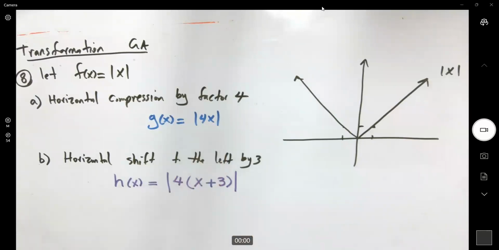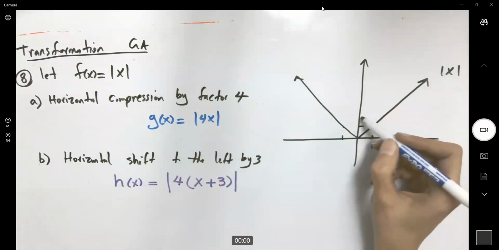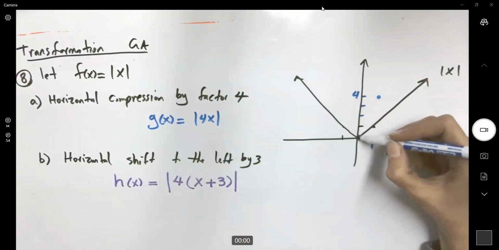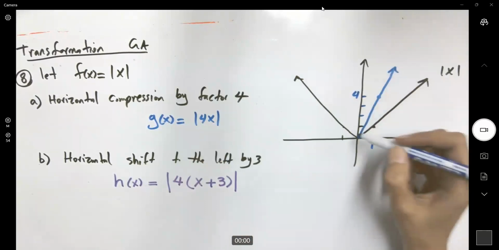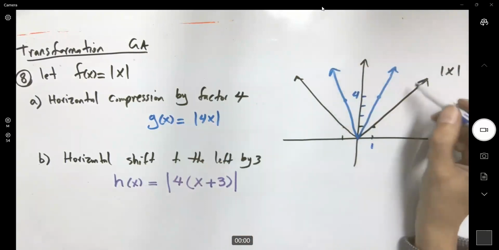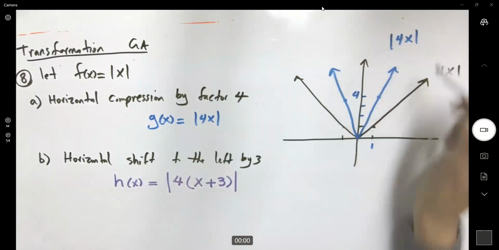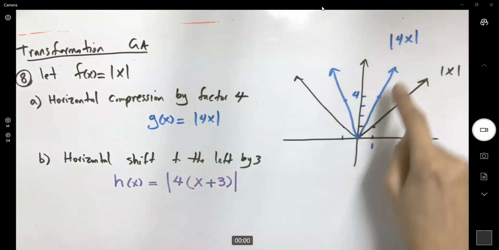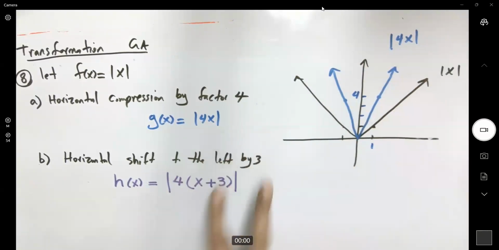So this is my second graph, 1 and 4, and -1 and 4. This is the compression by 4, which gives me this new function. Now I'm taking this blue function and shifting it 3 units to the left-hand side. So what happens here?